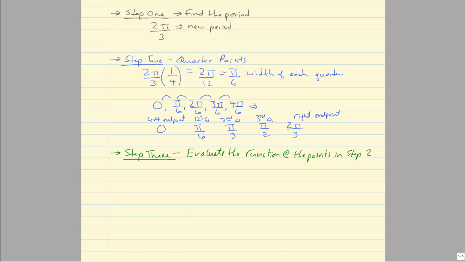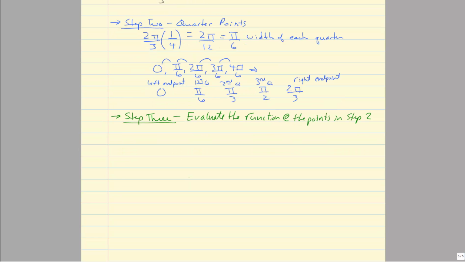So let's go ahead and create a chart. So a nice way to kind of organize this, last time we did vertical, but we're getting too much information here. So let's go ahead and look at our x values first that we're going to plug in. And I'm going to write them across this time. I'm going to go 0, pi over 6, pi over 3, pi over 2, 2 pi over 3.